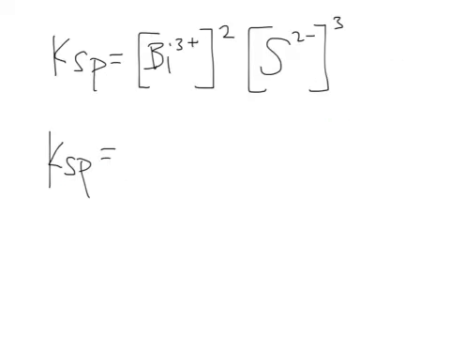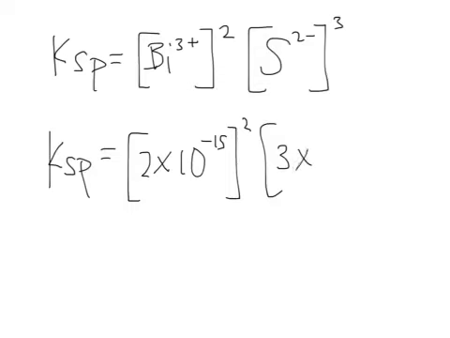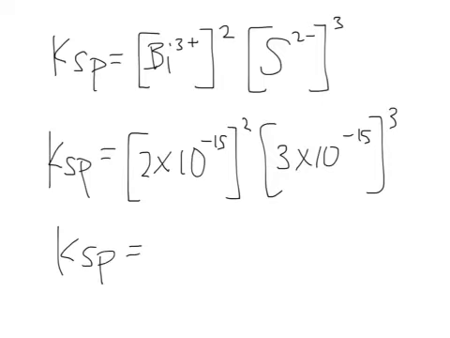To find the value of KSP, you plug in the equilibrium concentrations of the products back into the KSP expression. Therefore, the KSP for this equation is 1.1 times 10 to the negative 73.